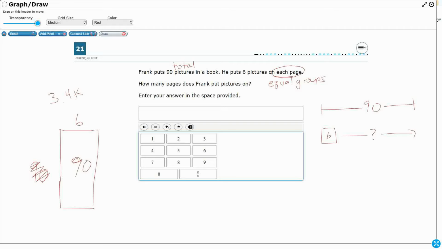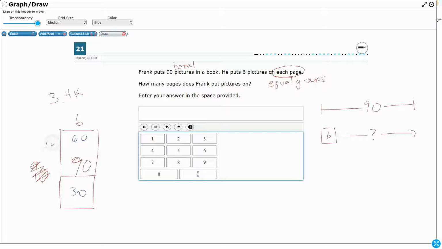I'm going to take my 90 and split it up into manageable chunks. Let me overlay this with blue. I'm going to put 60 up here, and I'm going to put 30 right there. Now that's something I can do. 6 times what gets me 60?